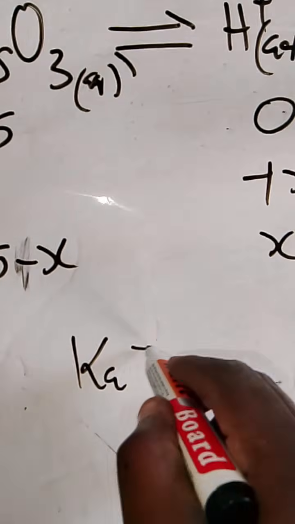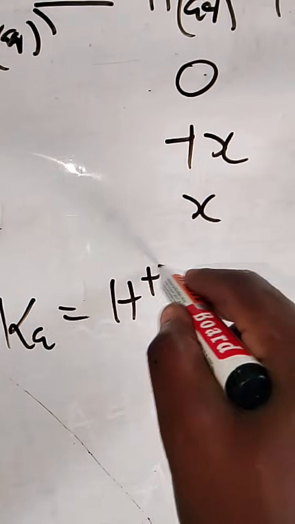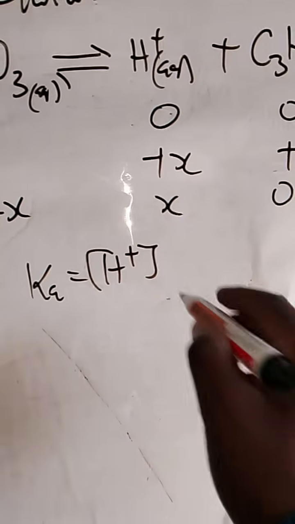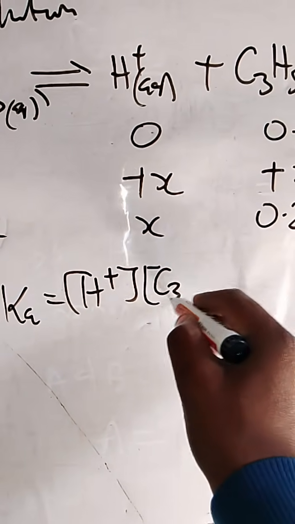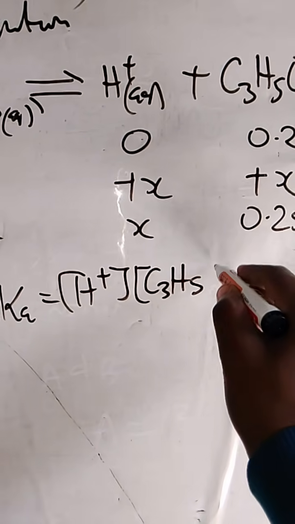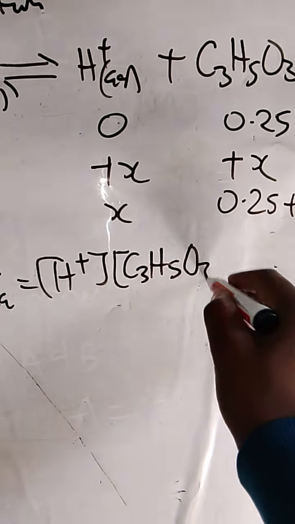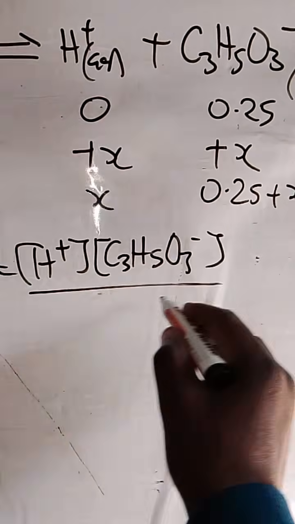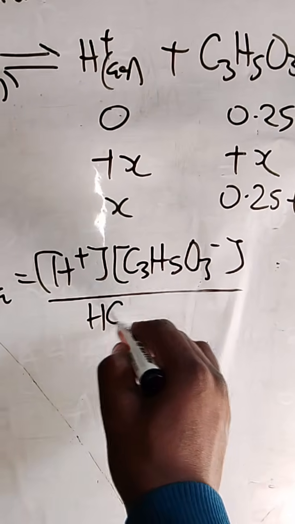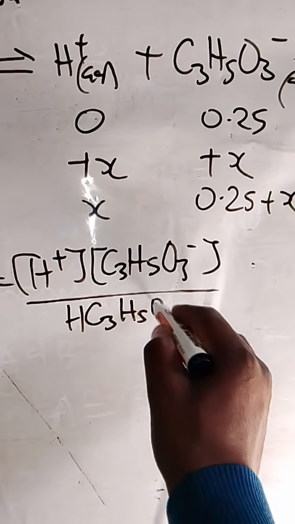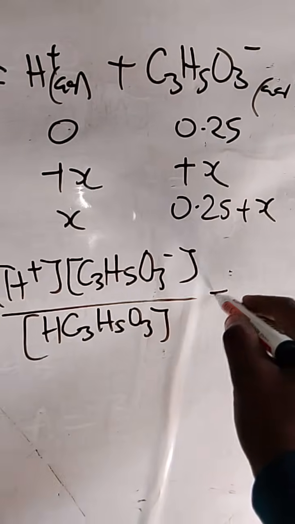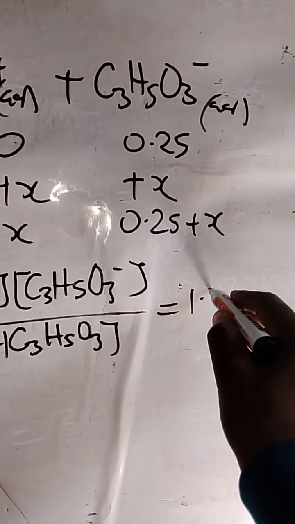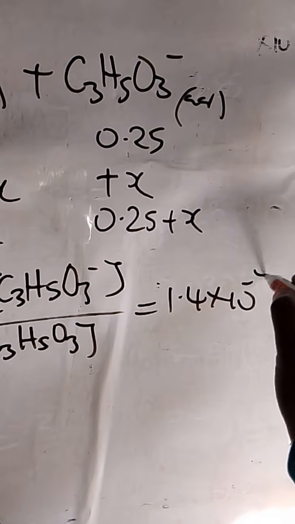Ka equals the concentration of hydrogen ion times C3H5O3 minus over the acid HC3H5O3, which is equal to 1.4 times 10 to the power negative 4.